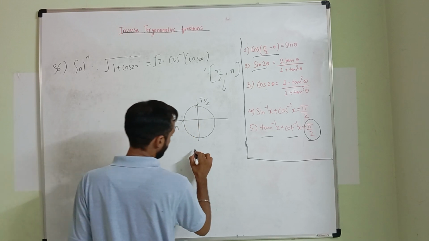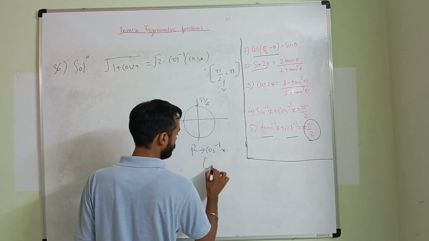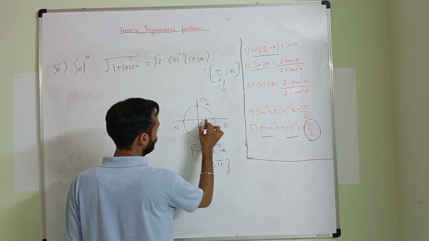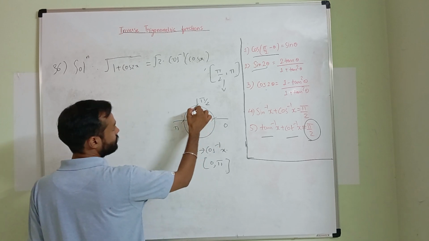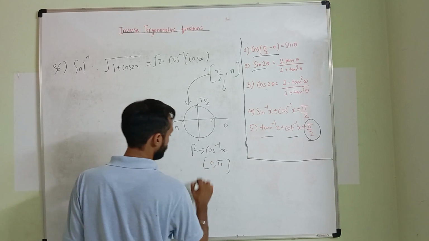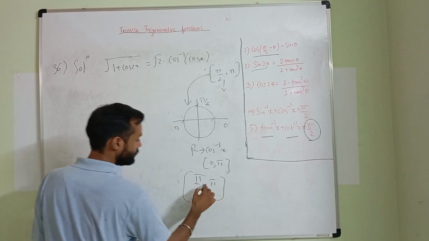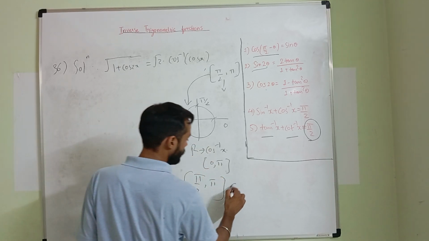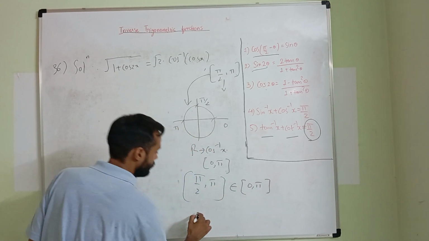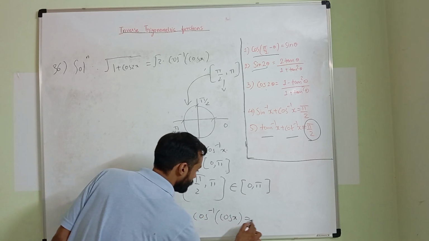And we know that the range of cos inverse x is from 0 to pi. Hence this required interval, pi by 2 to pi, which is given in our problem, belongs to this 0 to pi. So in such a condition, we can write cos inverse of cos x equals x.